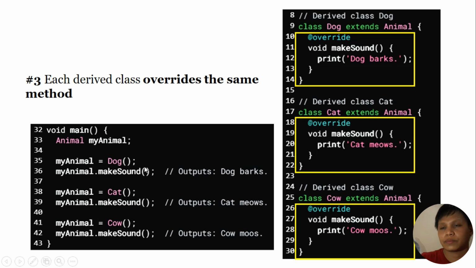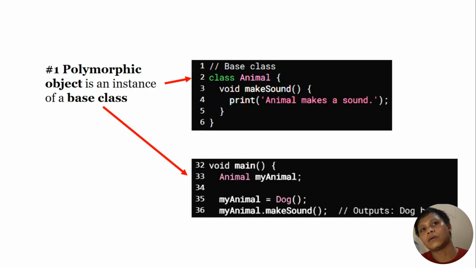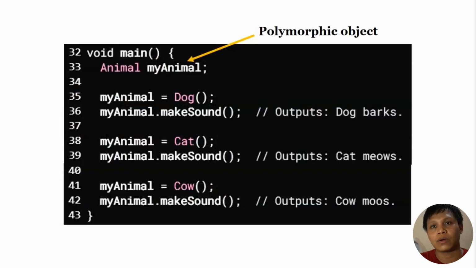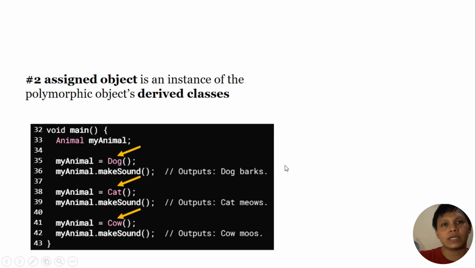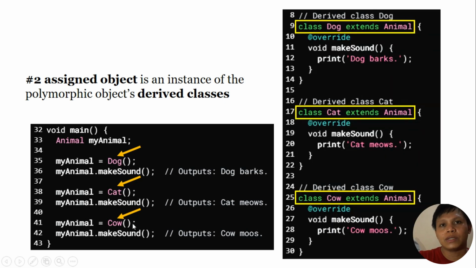Itong tatlong mga points, no? Going back, how we were able to achieve that code kanina, ito. First is we have an Animal base class. Our polymorphic object should have a base class. And then for each object, those are derived classes. Yung derived, they are extending the same base class, which is Animal.